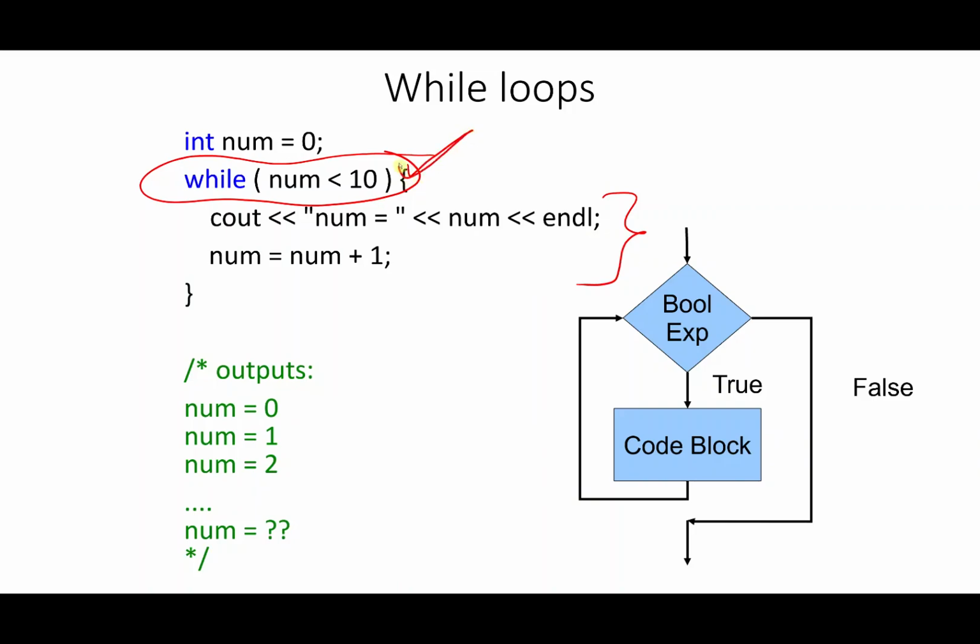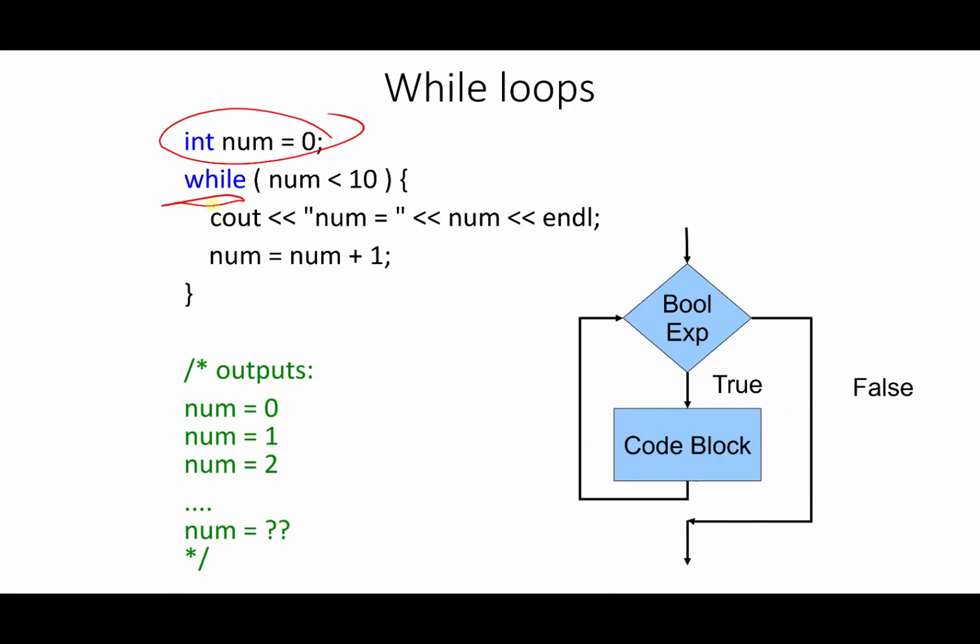Once this Boolean expression evaluates to false, stop and skip that code. So let's take a look at how that is going to be executed. We have int num equals 0 in here. Then we say while.